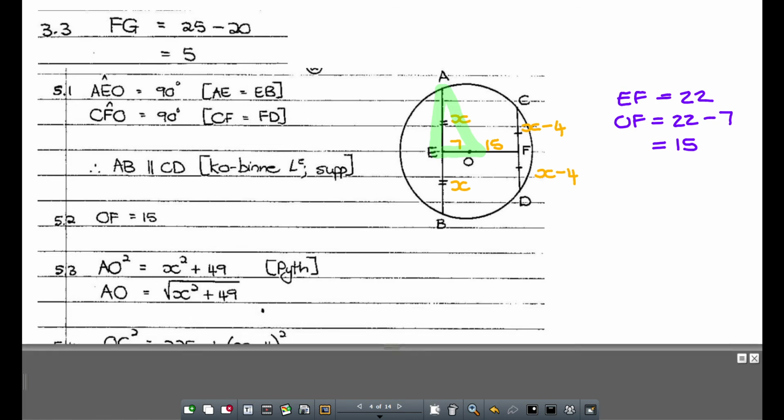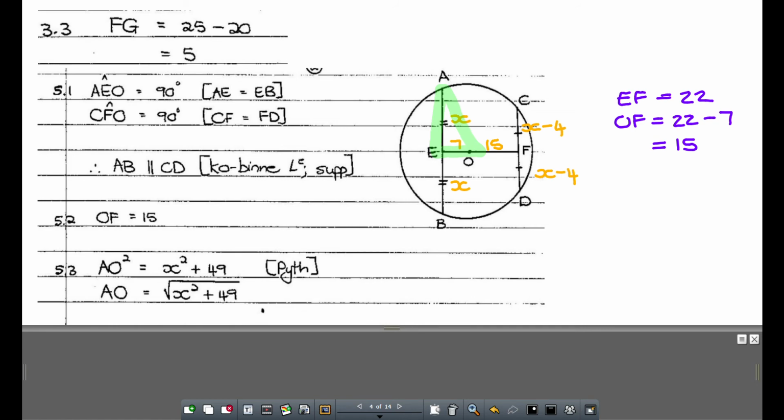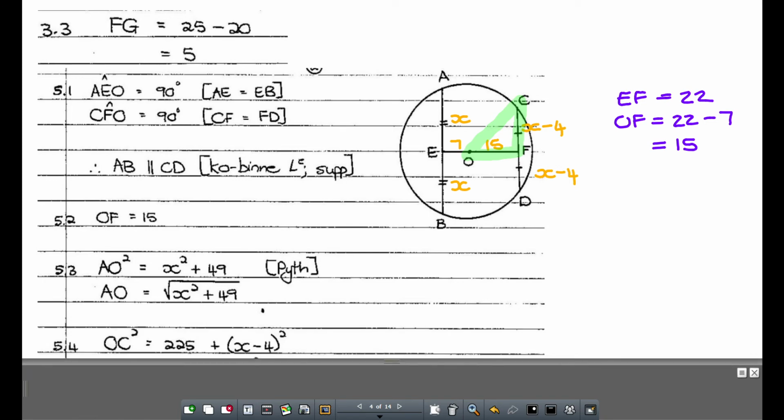Goed, dan by 5.4. Vra hulle vir my bepaal nou CO. Ek net daai wegvat. Bepaal nou vir CO in terme van X. So nou gaan ek werk met hierdie driehoekie. Nee. En sien jy CO would also be a radius. Nee. So again, if I use Pythagoras, CO squared will be equal to 225.